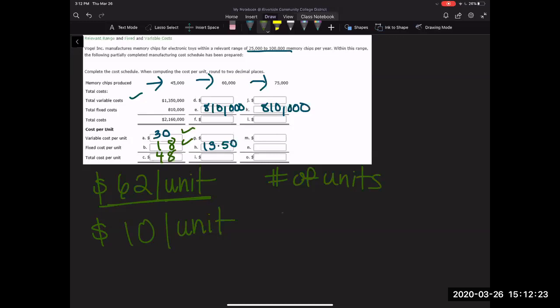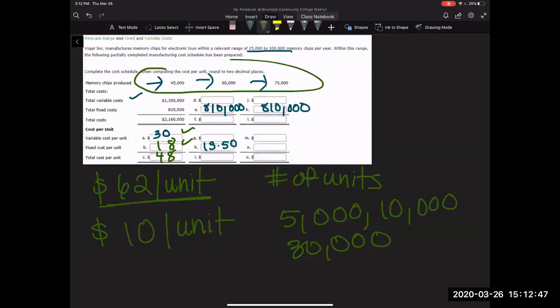So we said no matter if we produce 5,000 units or 10,000 units or even 30,000 units, our cost per unit of buying that material from the supplier was $10 no matter what. Applying that same logic, the cost per unit is the same across the board. Here it says no matter how many units I produce, the cost per unit remains the same. So here, my cost per unit will be $30 as well, right?